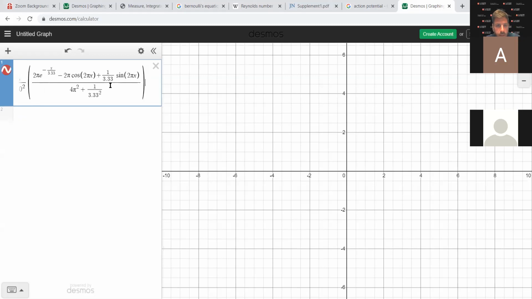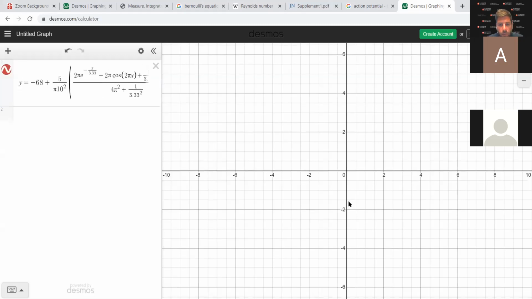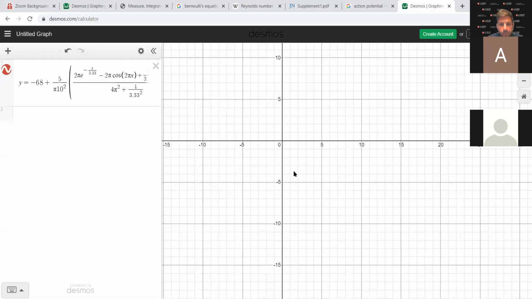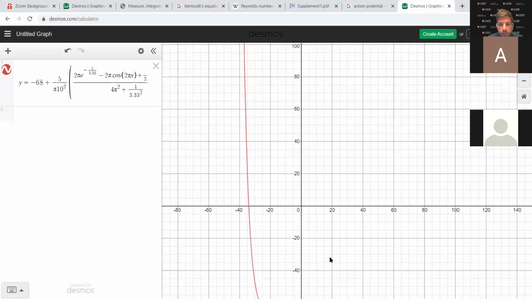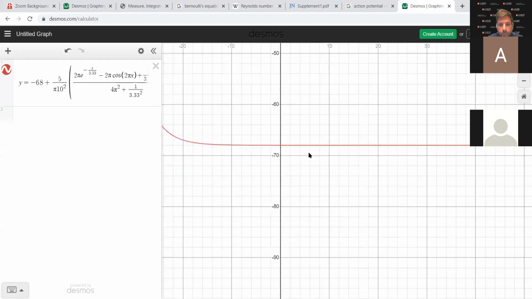So I think we got that in there correctly. We're going to find out when we zoom out and see what's happening down in negative land.